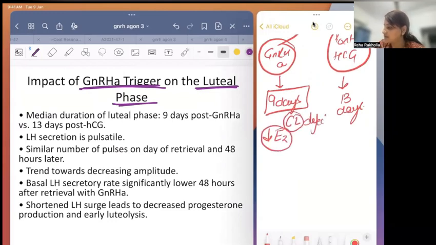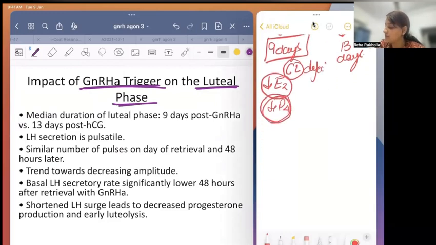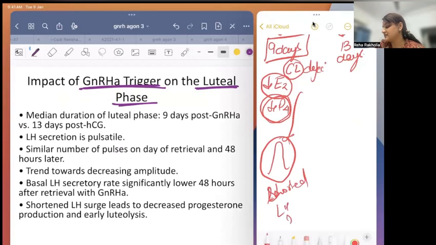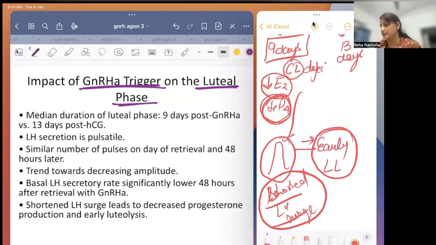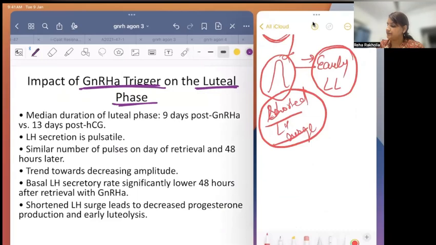This is all because of the shorter LH surge, as we have already discussed. So progesterone production will be less, and there will be early luteolysis. The corpus luteum is defective and early luteolysis will be there.